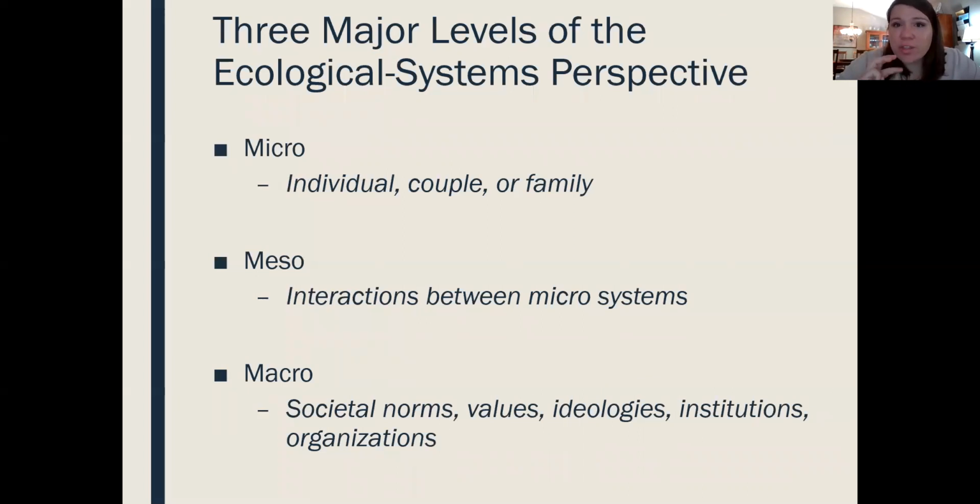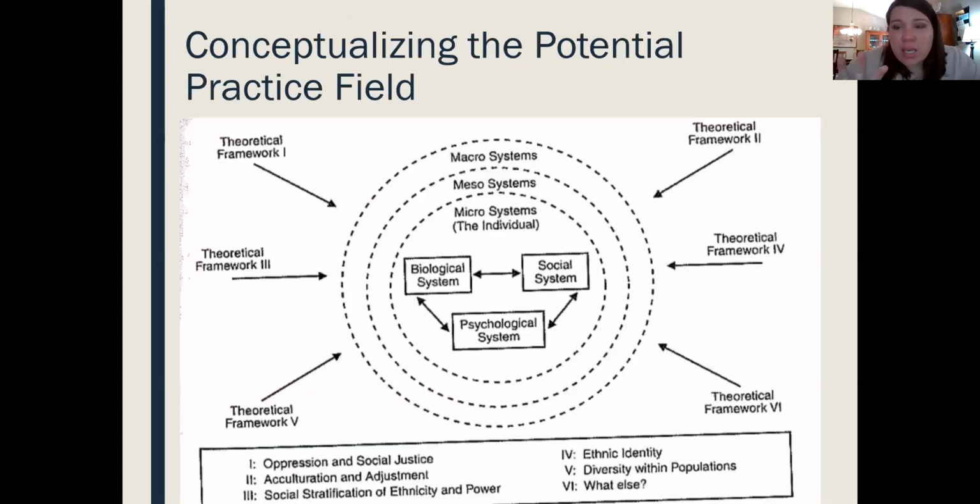You should already know about the three levels of ecological systems perspectives: micro, meso, and macro. A lot of times we talk about micro and macro quite a bit, and meso is also in there, which is smaller groups and families. It can also be interactions between different micro systems. This again comes straight from the reading. If you're looking at this from an ecological systems perspective, you've got the individual right here in the micro system, and then you have their meso system right here, and then the macro system that is larger around them.